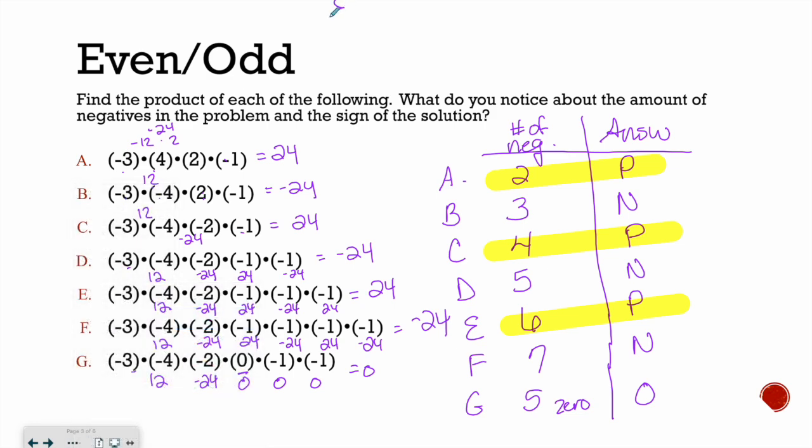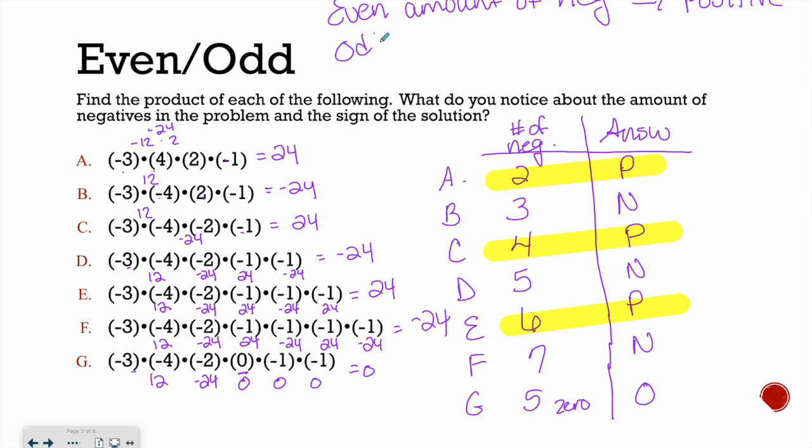So when we have an even amount of negatives, our answer will be positive, because every negative has a partner to make it positive.